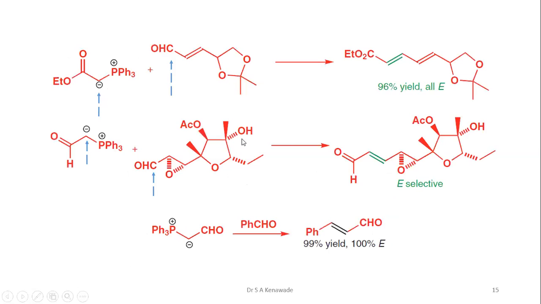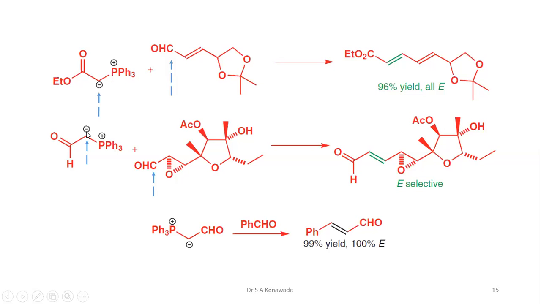If we can compare, this is your resonance stabilized aldehyde and this is your aldehyde. Then this aldehyde and this group produces a carbon-carbon double bond, as shown here by the green line. Again, this is your resonance stabilized aldehyde, and here is your aldehyde.